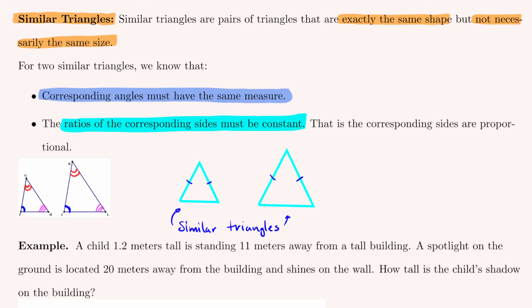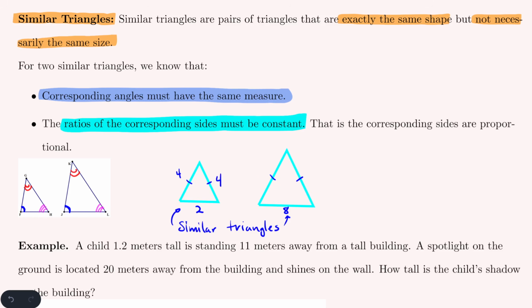Suppose we're told that we have two isosceles similar triangles, drawn here in the middle of the screen. If we're told that these triangles have the following measurements along their side length, so this side length is 4, as this is an isosceles triangle, we also know this side length is 4.